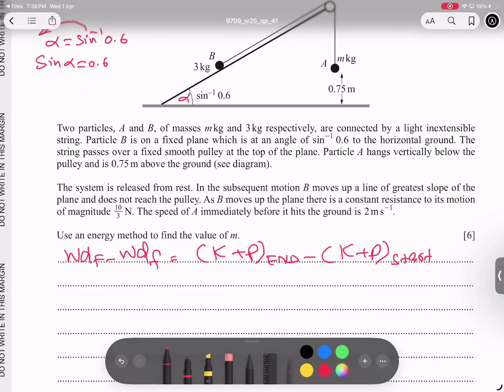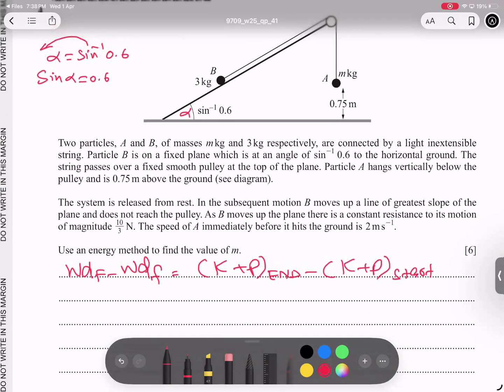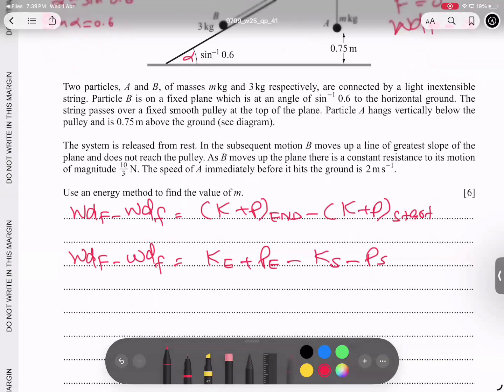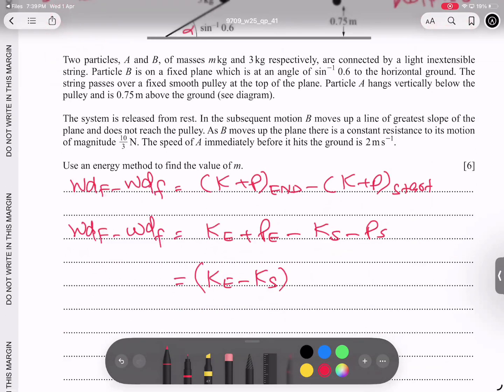Throughout, the particle is moving by itself, so capital F is 0. If this is 0, the work done by applied force is 0. That is why I'm writing 0 here. Now, first of all, let me expand the brackets. KE for end, PE for end, and KE for start, PE for start. Naturally, the kinetic energy at the end is bigger, so KE at the end minus KE at the start is the gain in kinetic energy.